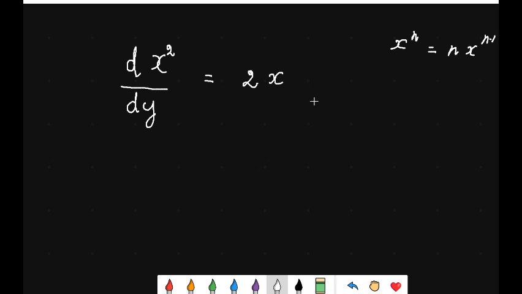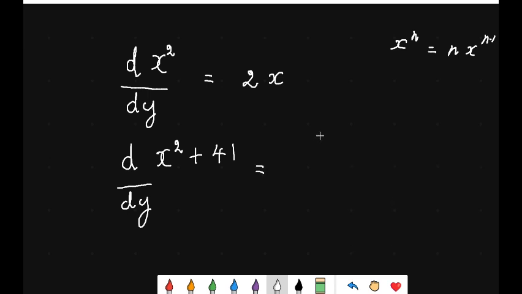Now, I'm going to take another very similar function. Let's say that I want to find the derivative of x squared plus 41, so I want to do d of x squared plus 41 by dx. Here again, what is the derivative?